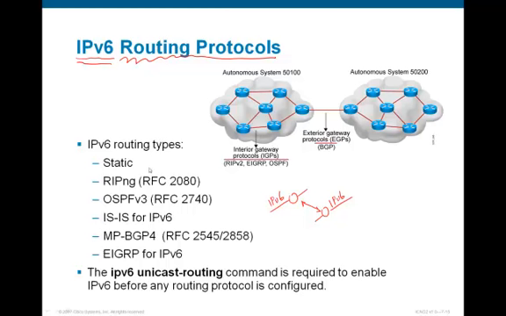There is also the more static way of assigning IPv6 routing information on the Cisco router, and many routing protocols such as RIP, OSPF, ISIS, BGP, and even EIGRP have been updated to support the exchange of IPv6 routes between routers. To enable this feature, you have to use the command ipv6 unicast-routing before you can turn on any of these dynamic IPv6 routing protocols, because by default the IPv6 routing process is disabled on the Cisco router.